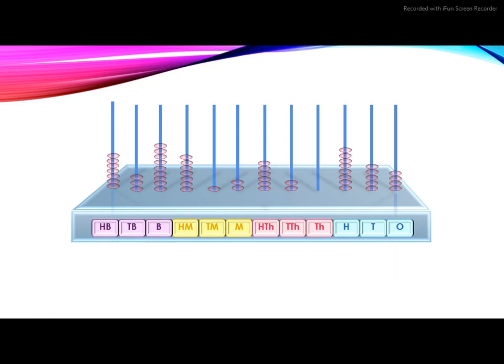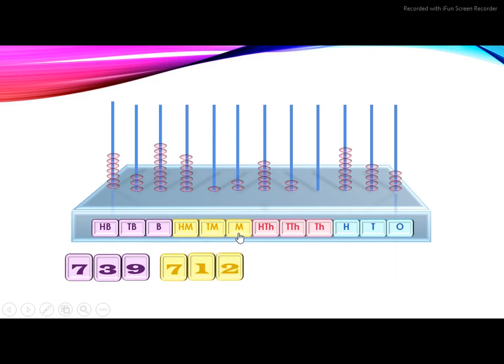So we have 700 billions, 30 billions, 9 billions, 700 millions, 10 millions, 2 millions, 600,000s, 2 10,000s, 0 thousands, 8 hundreds, 5 tens, and 4 ones.